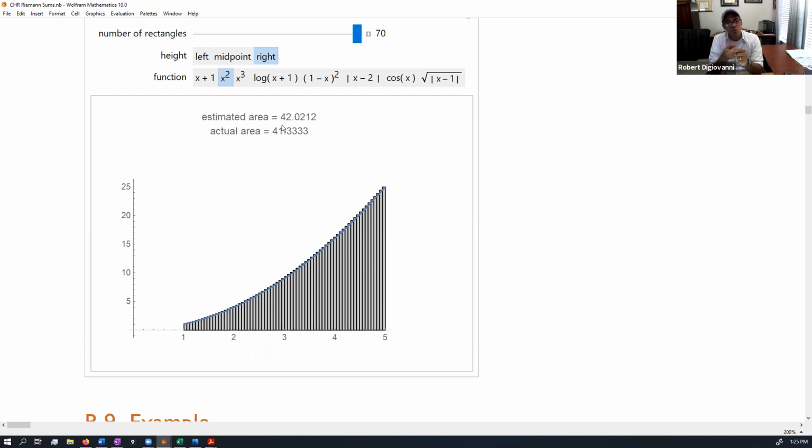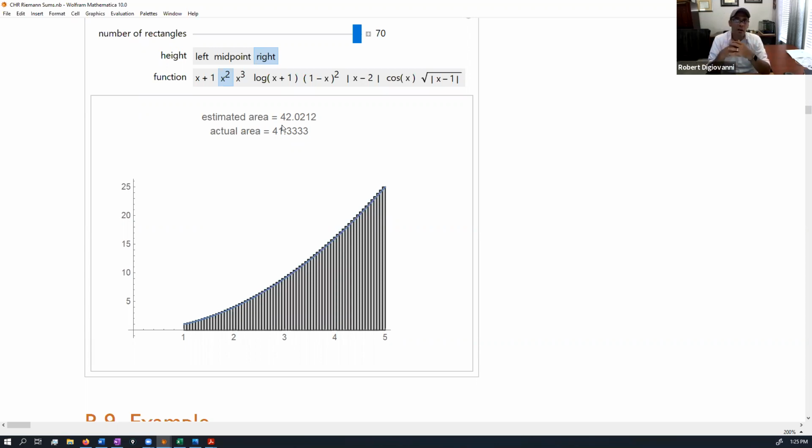So maybe the true answer is what we get if we let the number of rectangles go to infinity? What if the number of rectangles goes to infinity? Then this calculation should approach the true area.